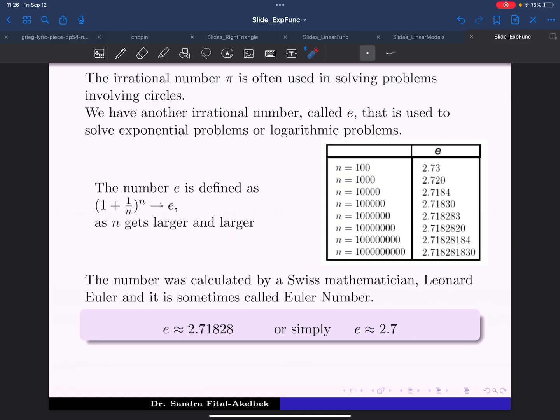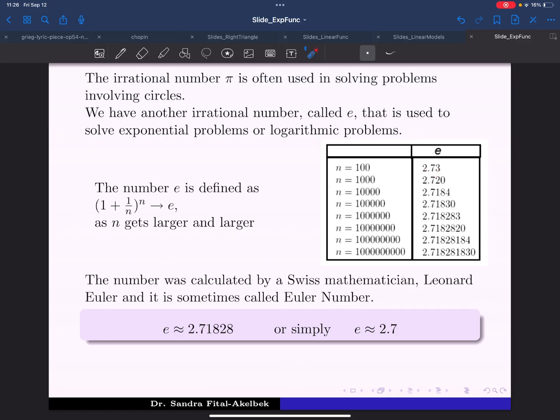The Swiss mathematician Leonhard Euler calculated that number, and that number is called the number e, and sometimes it's called the Euler number. What he did is substitute a large number for n. So if you substitute 100 here and here, calculate that number, that gives you an approximation.